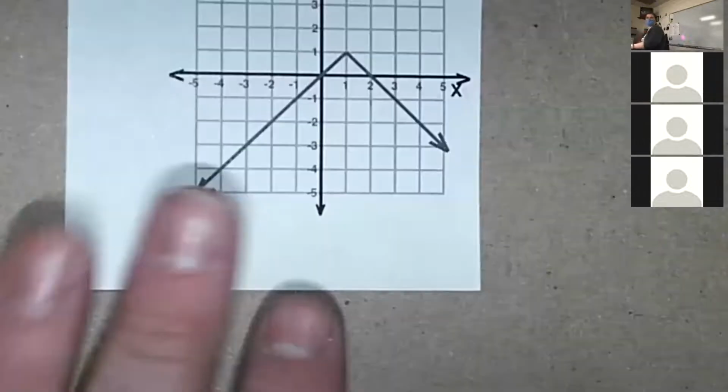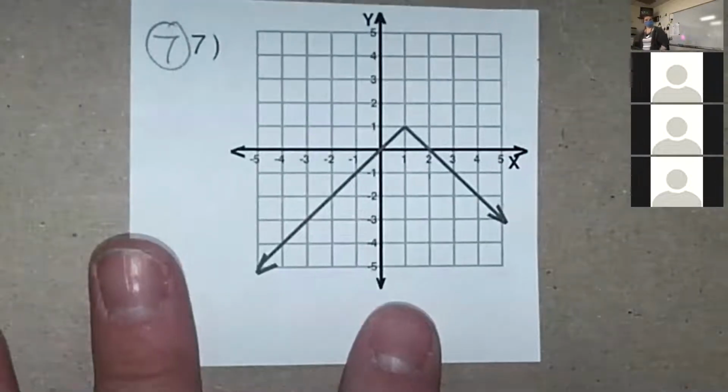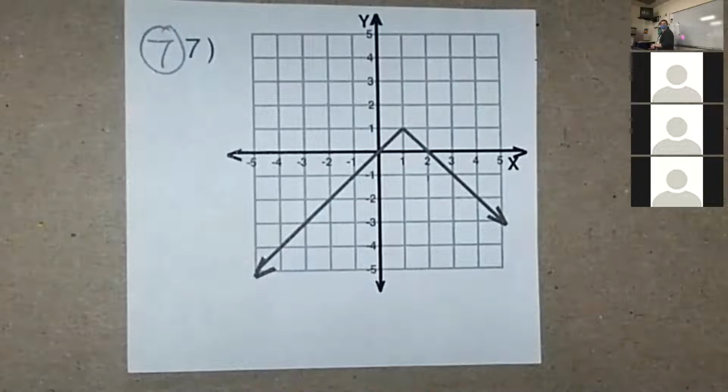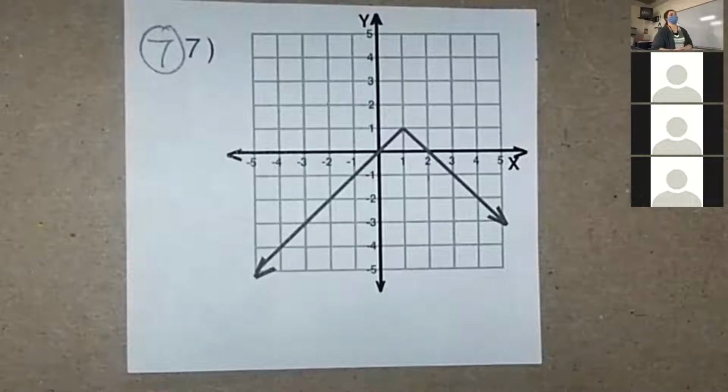Number 7, y equals. I see 3 different things going on here. I did that one right. I think I did too. There's number 7.